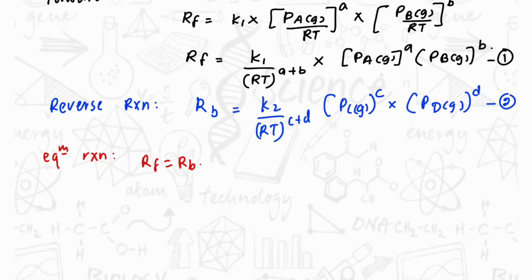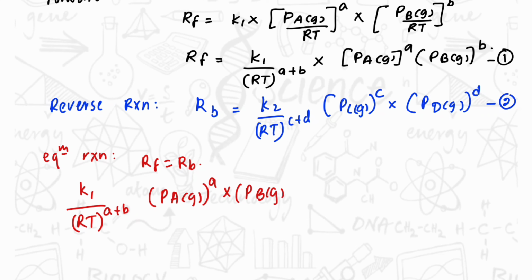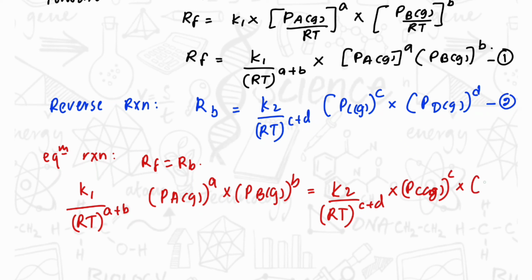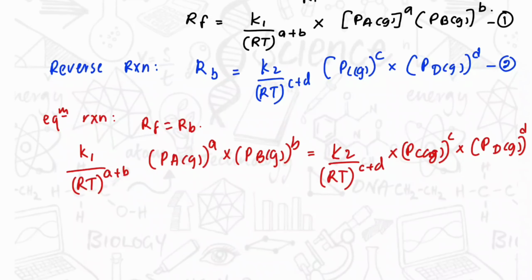Therefore, K1 (1/RT)^(a+b) PA^a PB^b = K2 (1/RT)^(c+d) PC^c PD^d. So these are the products and these are the reactants.